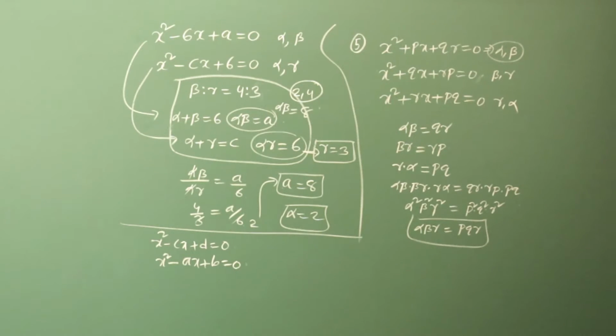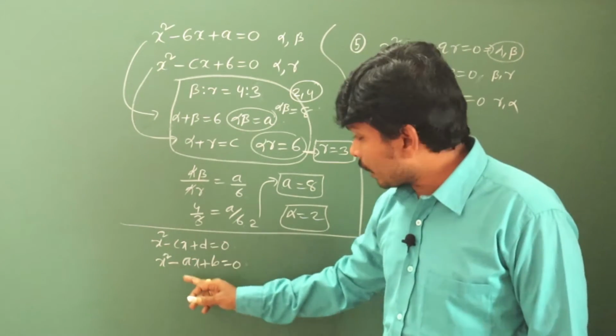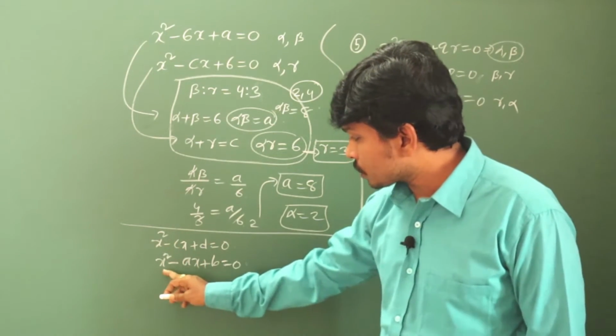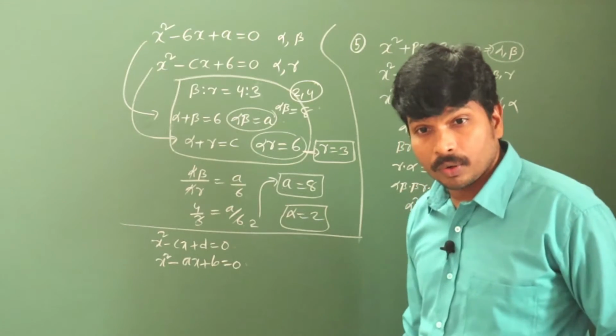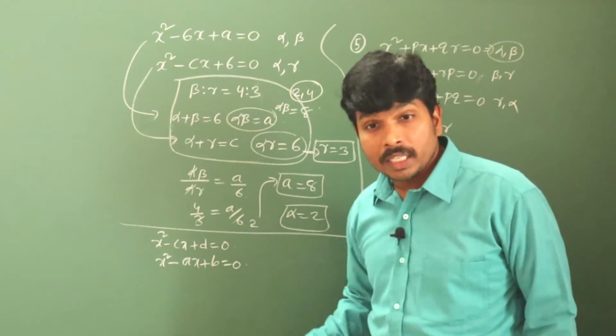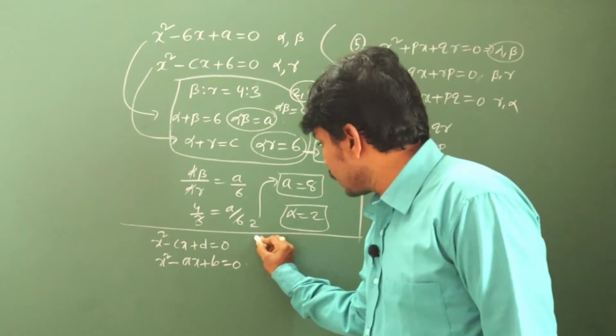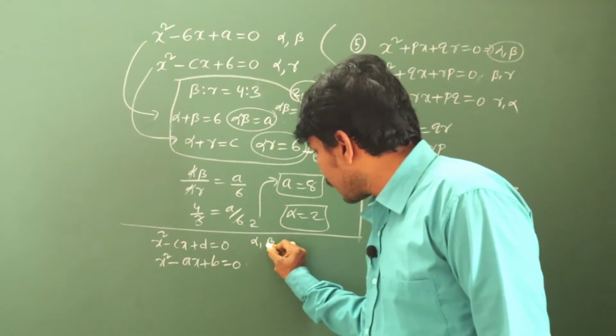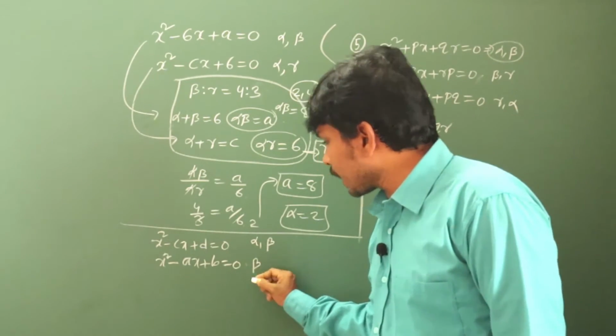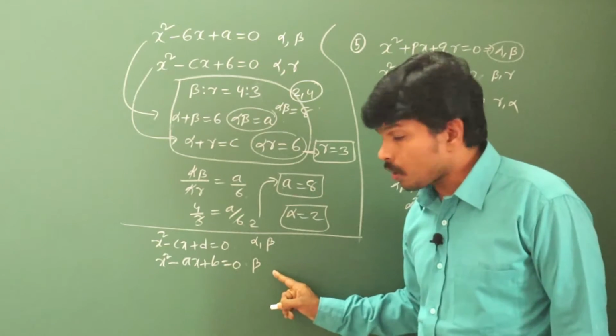This is a very tricky problem. Two equations are given: x square minus cx plus d equals 0, and x square minus ax plus b equals 0. Both equations have a common root. Suppose beta is the common root for both.